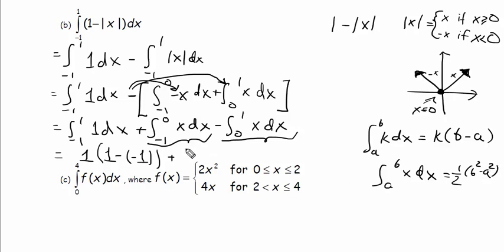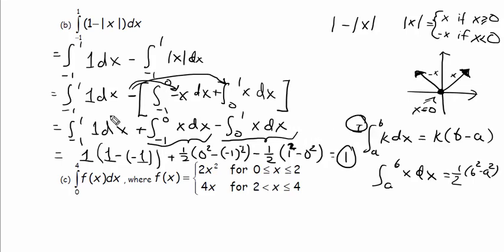So this will be 1/2 times 0 squared minus -1 squared, and then this will be minus 1/2 times 1 squared minus 0 squared, and then this will all end up being 1. So you can check this on the calculator again. But again, after I get to some point, all I'm really doing is applying this formula 1 to this integral right here, and the formula 2 to this integral and this integral right here, which are the integrals of x dx.